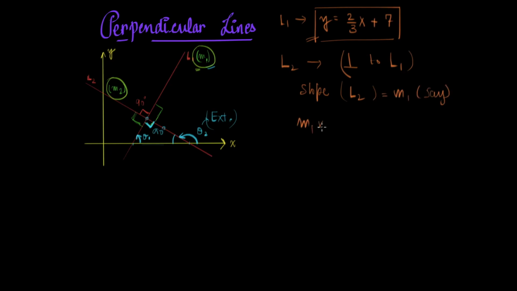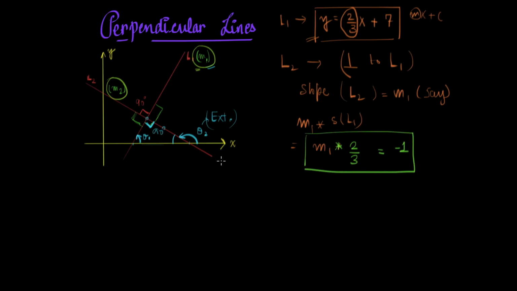then m times the slope of L1, if you see that this is of the form y equals mx plus c, where the coefficient of x gives you the value of the slope of the line, we can use that fact to substitute for the slope of line L1 as 2 by 3, and that should be negative 1 by the property of two lines being perpendicular.